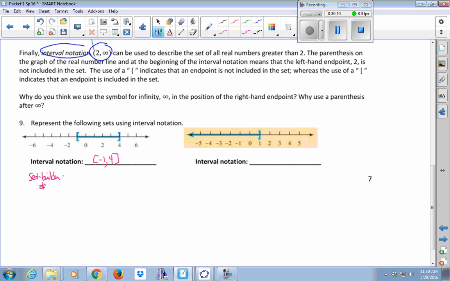Now, set builder notation is curly braces, the set of all x, such that, now how do I write all of those numbers between and including -1 and 4? What kind of statement do I make here?